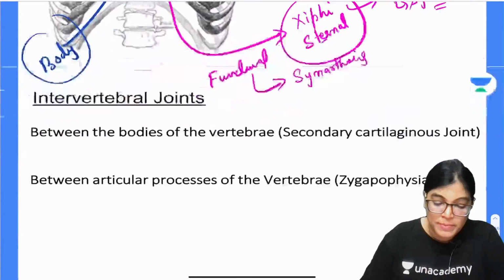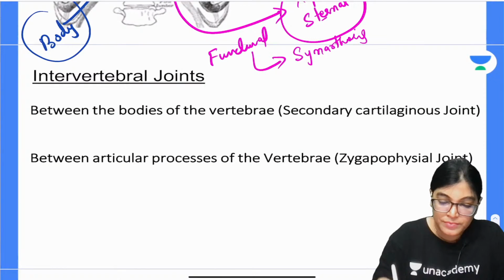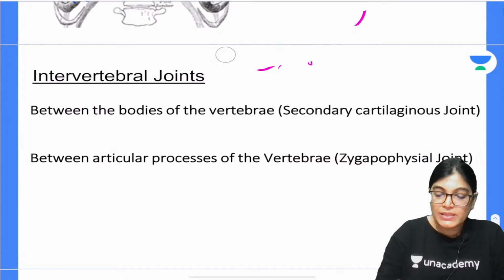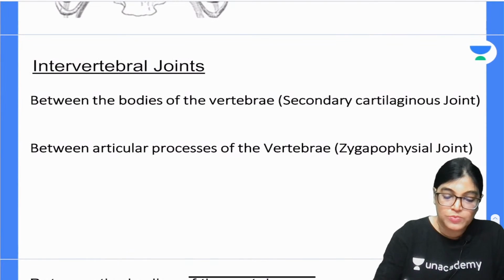Now, coming to the next topic, the intervertebral joint. What do you mean by intervertebral joint? It means the articulation between the bodies of the corresponding vertebrae.